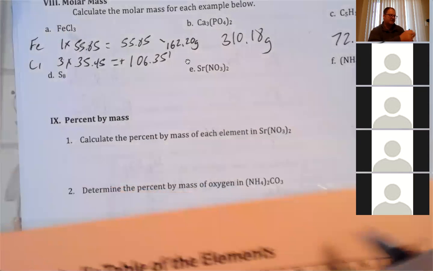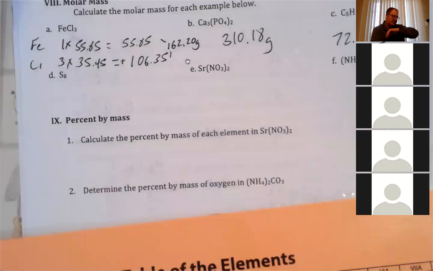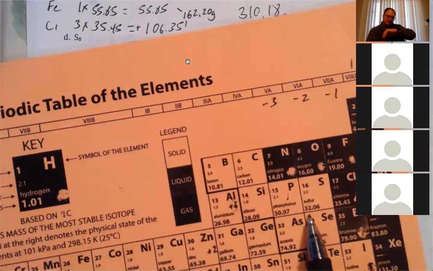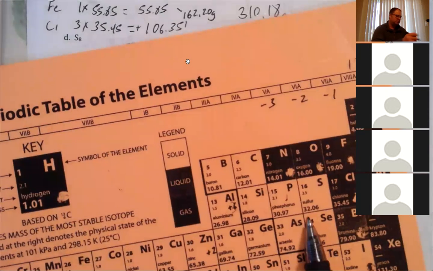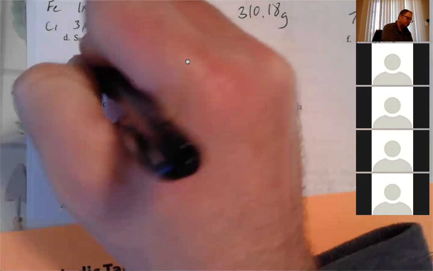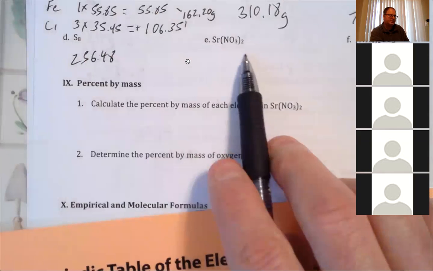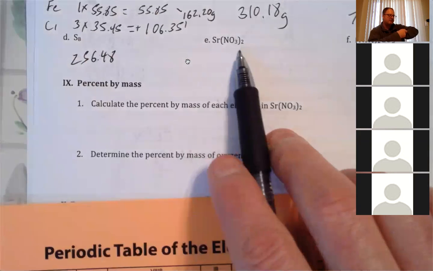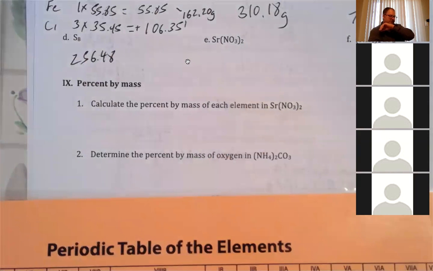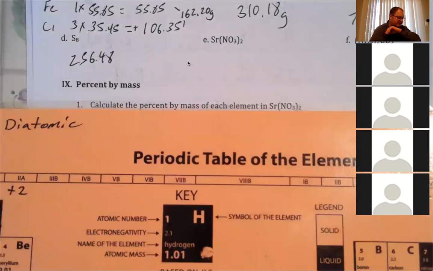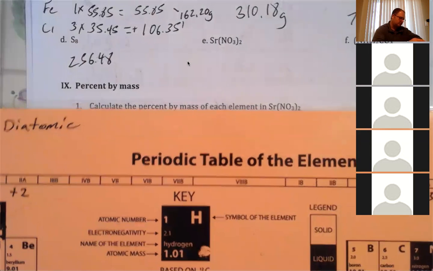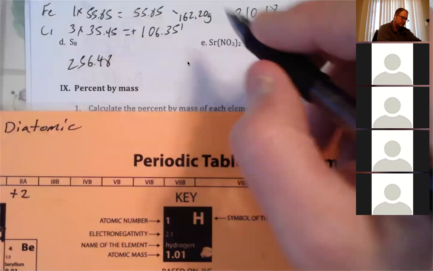Here we have just 8 sulfurs. 8 times 32.06. It's 256.48. Here we have 1 strontium, 2 nitrogens, and 6 oxygens. 6 times 16 plus 2 times 14.01 plus 87.62. It's 211.64.